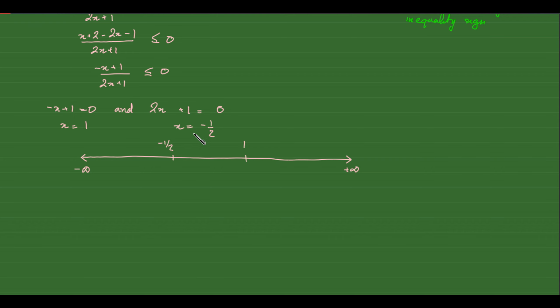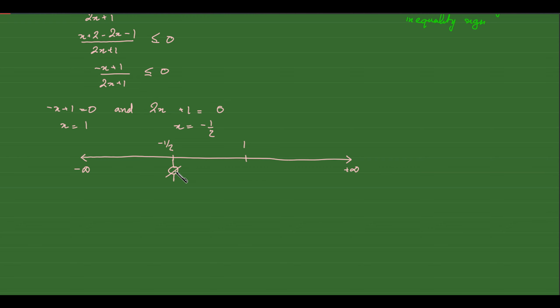It means that the value x equal to negative half will be undefined, because think about it, if you put negative half over here, it turns out to be 0. So over here it cannot be 0. Over here it can be 0. Over here we can have 0, so this is still good. Over here we can have 1, because 1 gives 0 on top. That's fine.